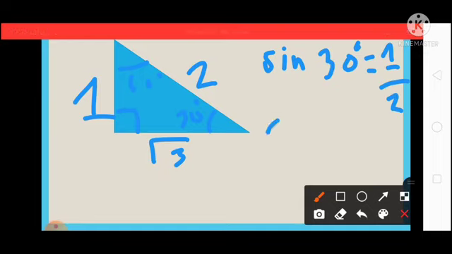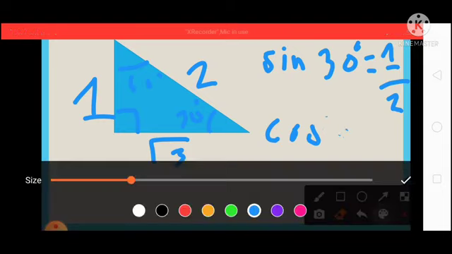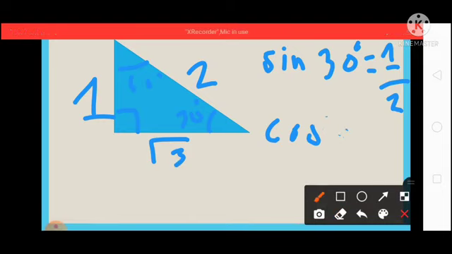Next is cosine 30. Cosine 30 degrees in SOHCAHTOA is adjacent over hypotenuse.